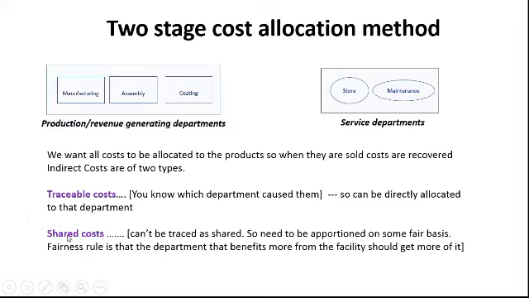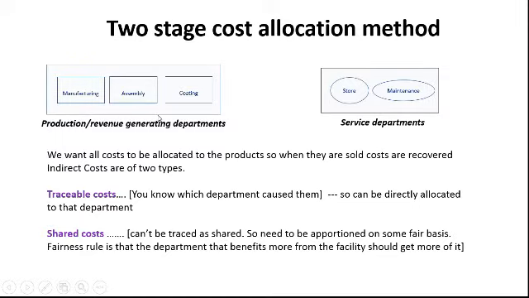Now that is a shared cost. You don't know how much of that has come from this department or that department. So there you have to think how you are going to distribute this cost along all 5. And as I mentioned, you need to think of some fair basis.